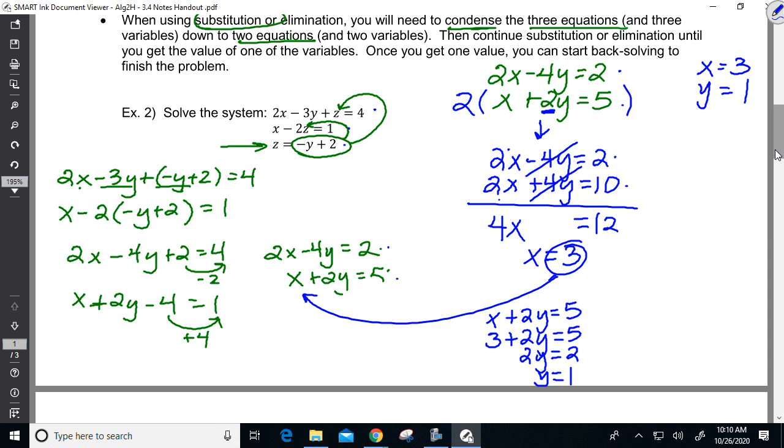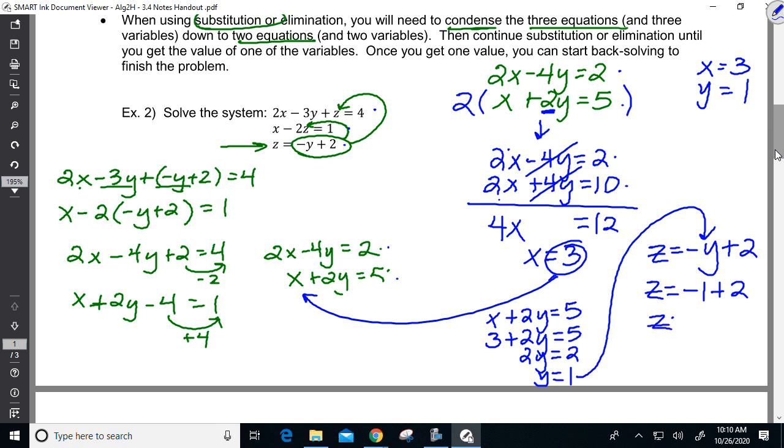Felt like it. Take 1, plug it in for y. Z equals negative 1 plus 2. Z equals 1. So your answer is 3, 1, 1.